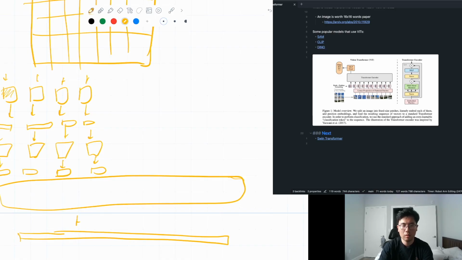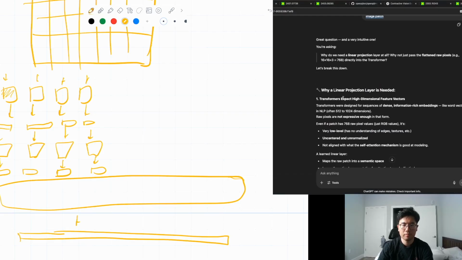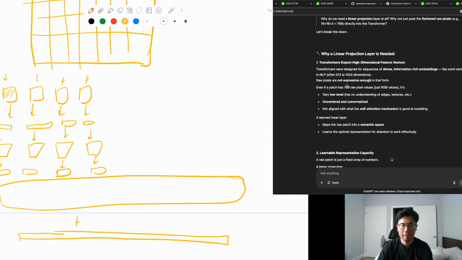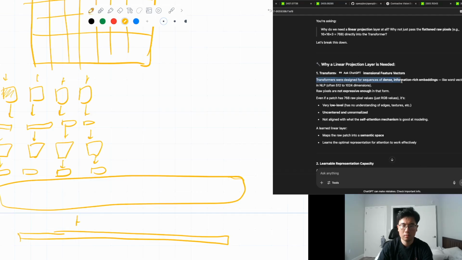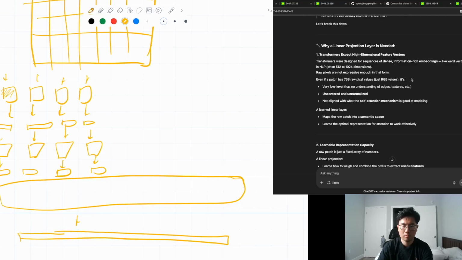Right? Yeah, the raw pixels are not expressive enough.